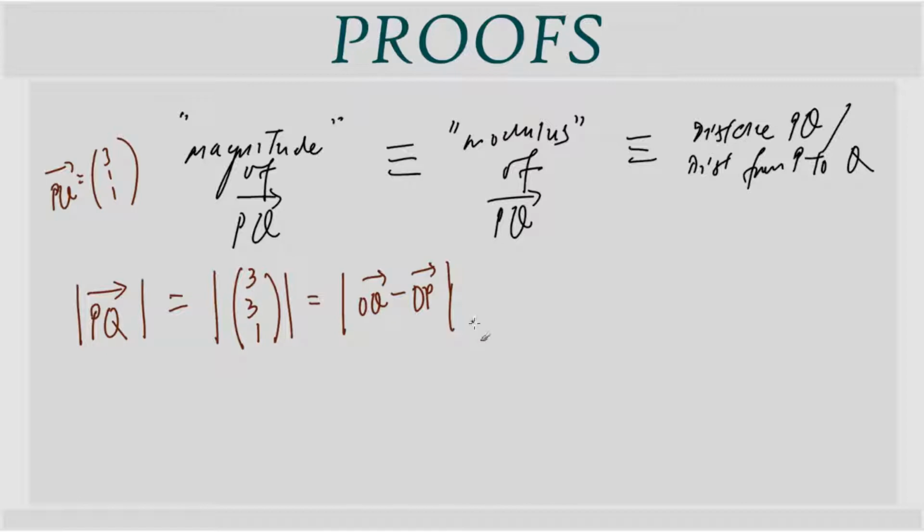How you compute the modulus is you take the square root of the sum of the squares of the individual components. So when we have (3, 3, 1), it's 3 squared plus 3 squared plus 1 squared, which is equal to square root 19. So the distance from P to Q is square root 19.